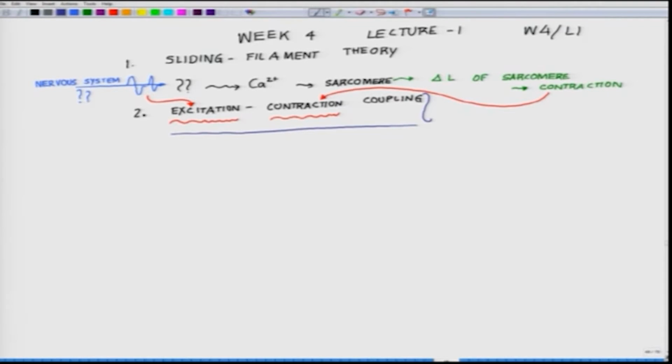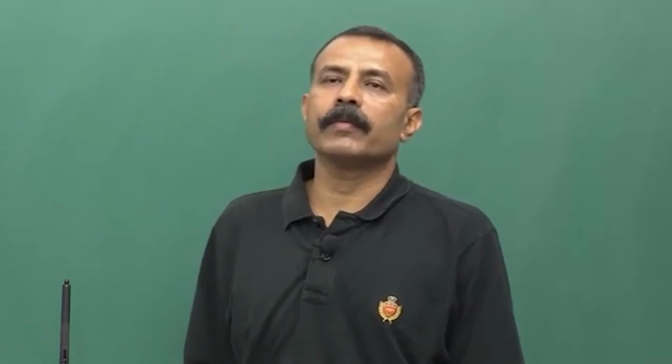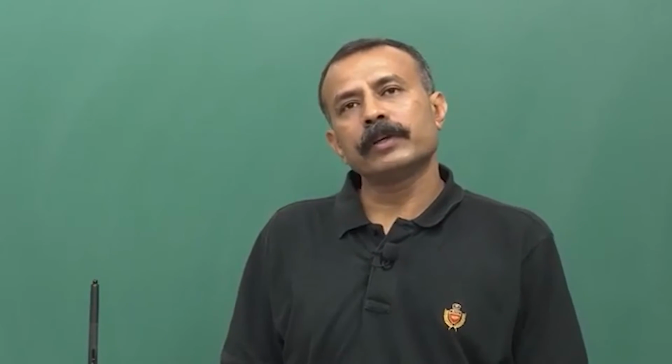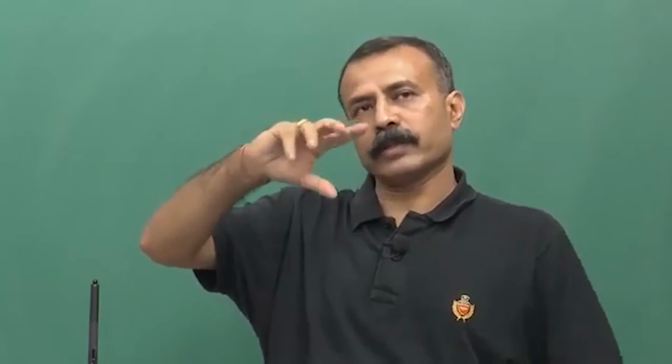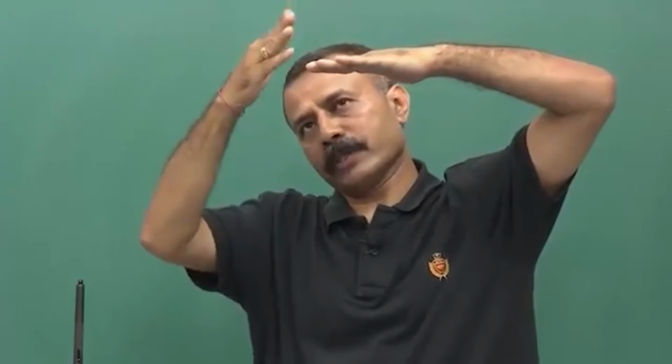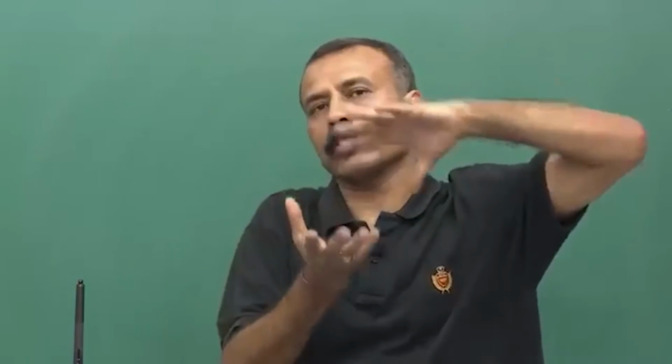I will come later into this, because this is one small piece which needs to be discussed in detail, because this excitation contraction coupling has some other ramification in terms of how in the three-dimensional geometry of muscle, where you have lot of these fibers which forms a three-dimensional geometry, how the signal really travels all across it.